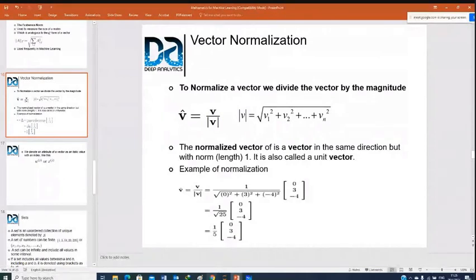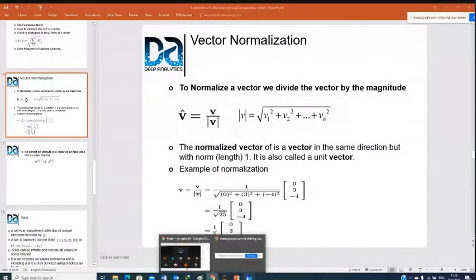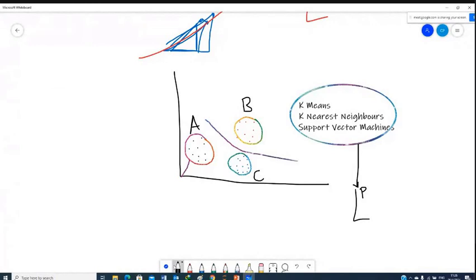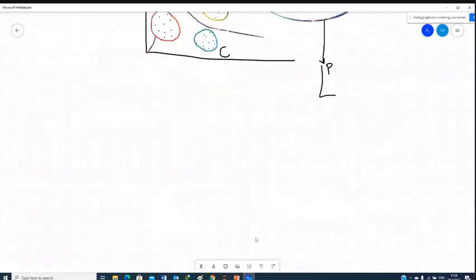So for example, if I go back to this example, let's say we want to do regression to predict GDP, for example, right?